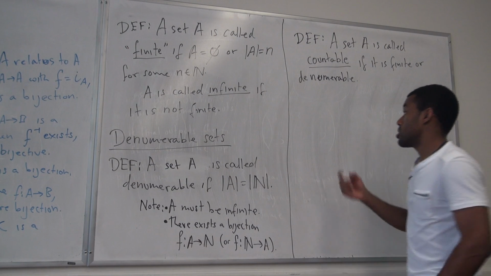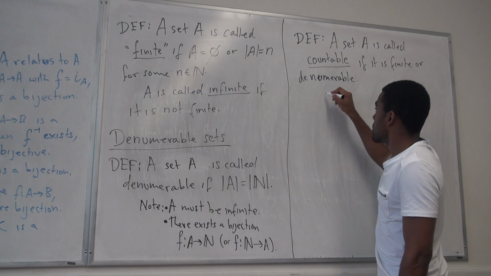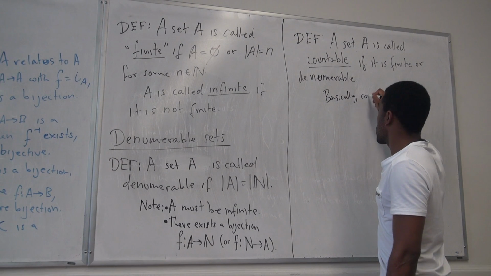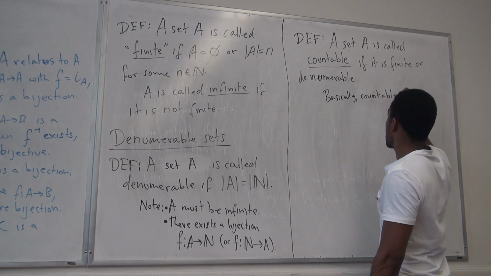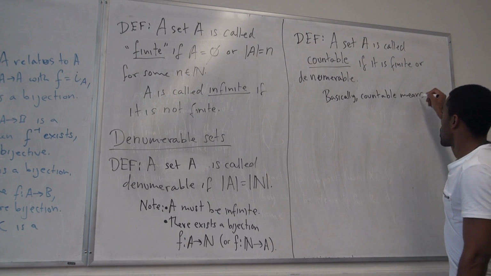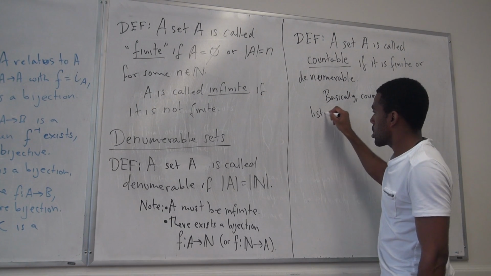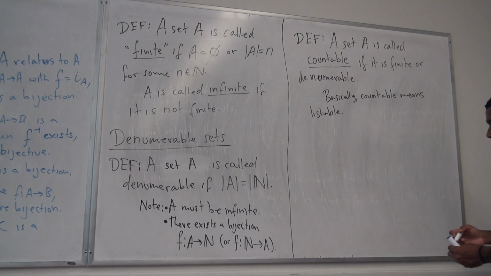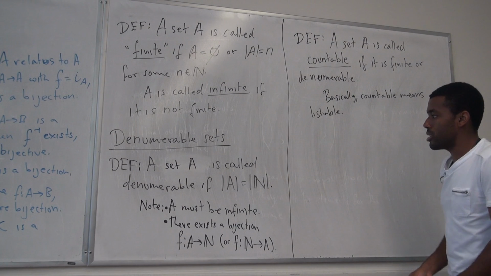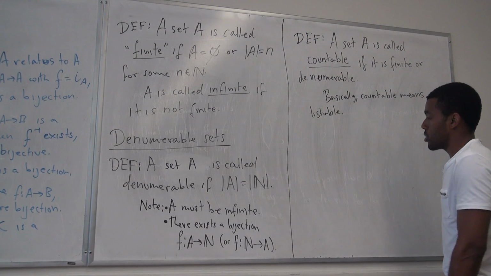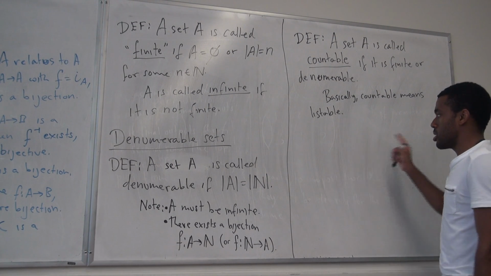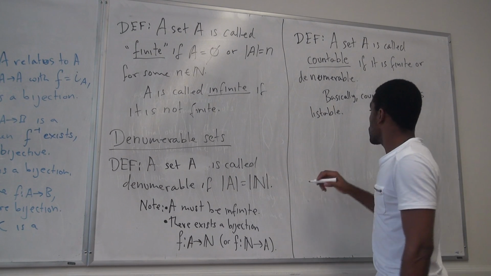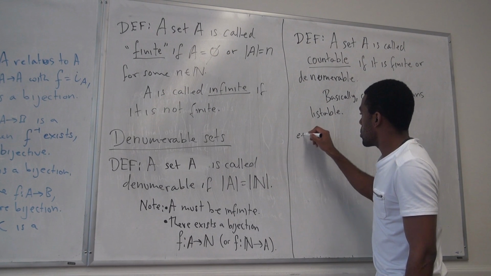Countable basically means listable. We can list the elements of a set. Whether it's finite or infinite, we can do this if it's going according to N, because we can just number the elements and call them out in a list. So, example.